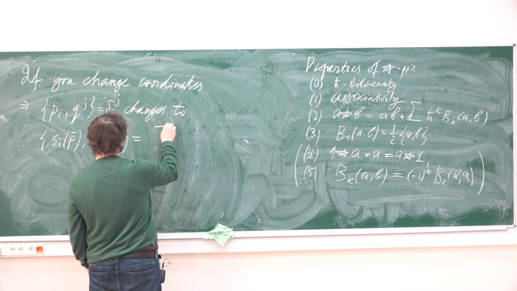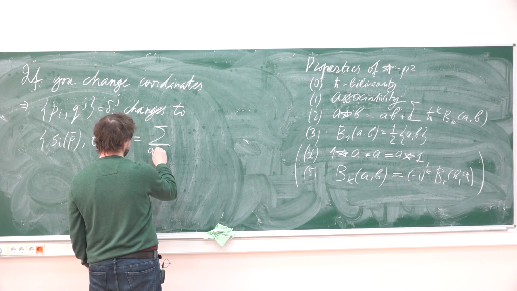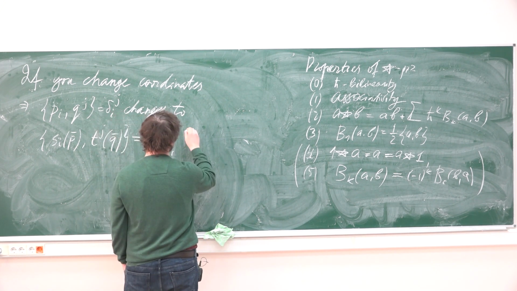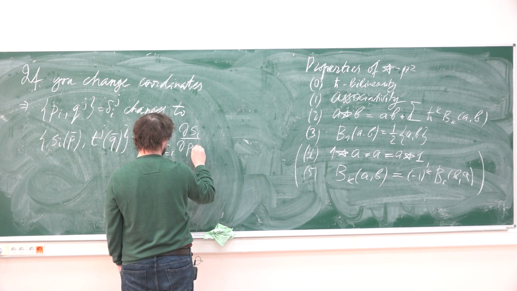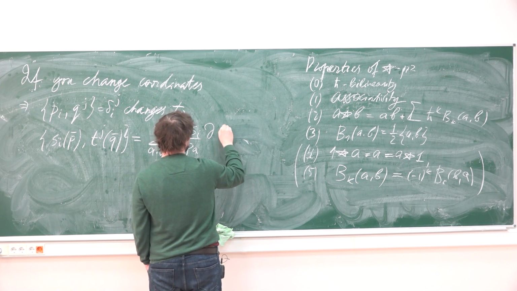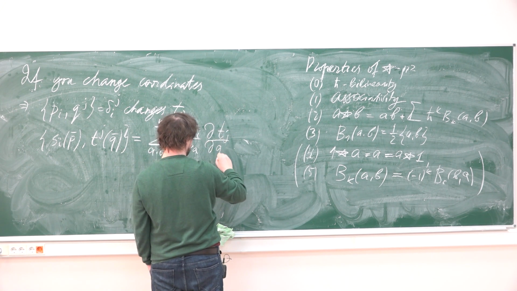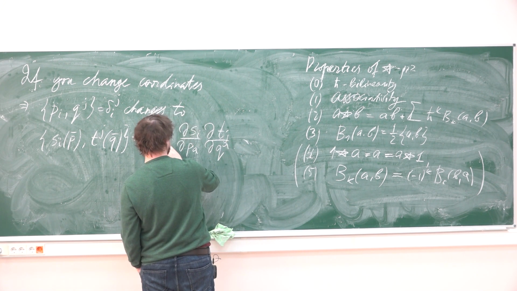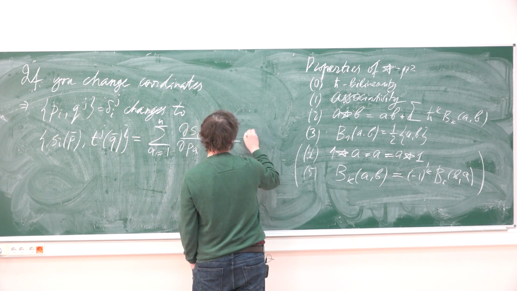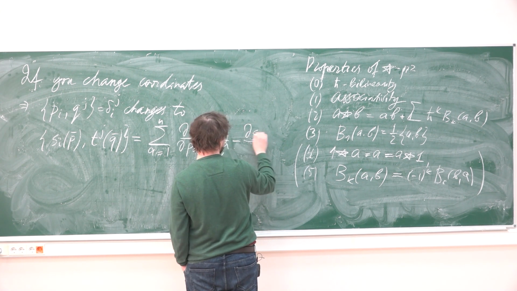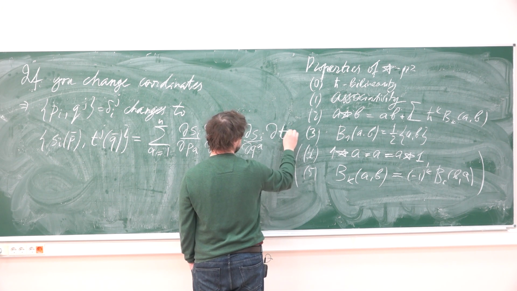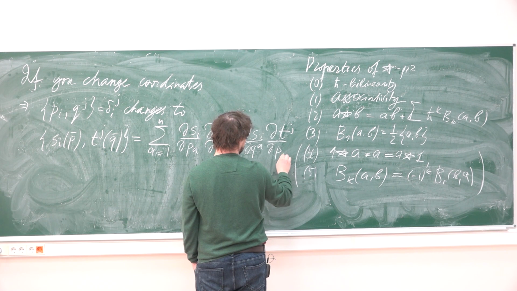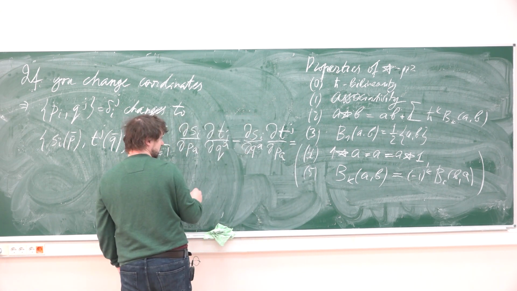It will look something like sum over a from 1 to n, ds_i/dp_a dt_j/dq_a minus the usual formula, ds_i/dq_a dt_j/dp_a, and that is a function.